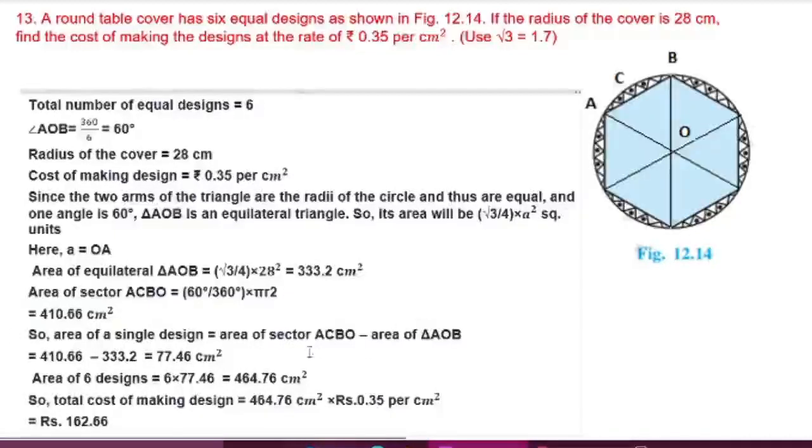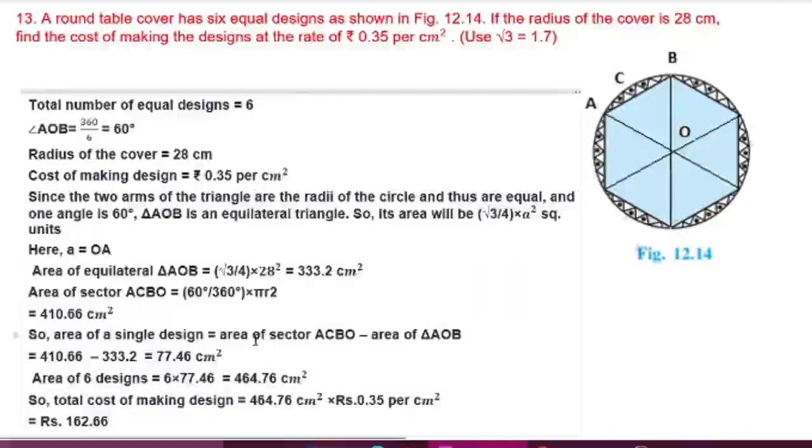Here you can find the area of the single design equal to area of sector ACBO minus area of triangle AOB. Actually this shaded region, this design, is a segment of the circle. So we can use the formula for finding the segment of the circle.